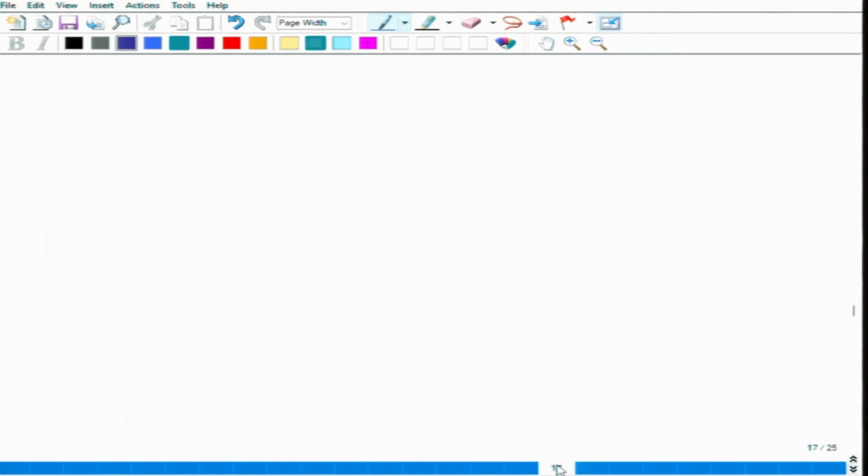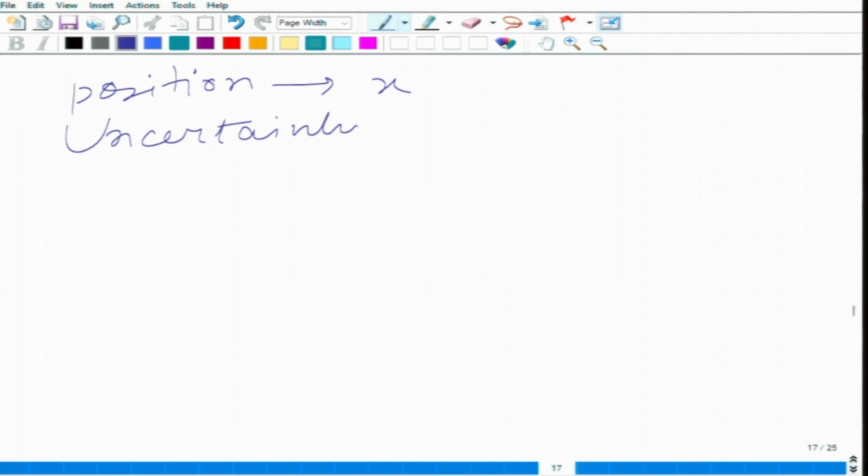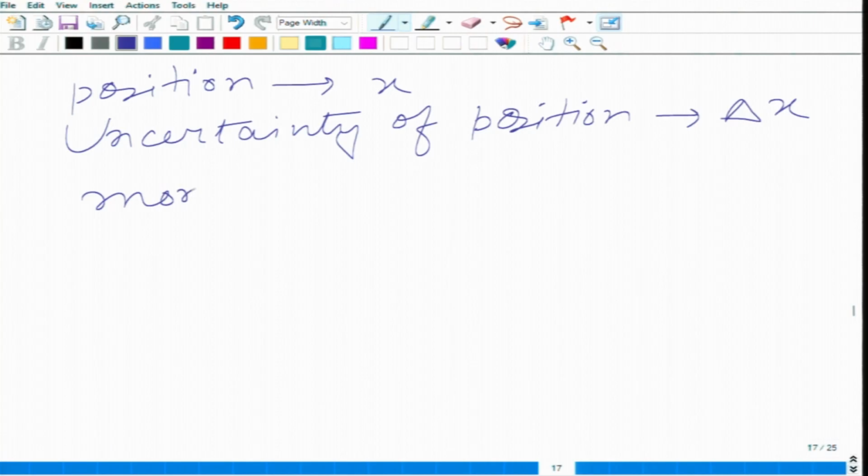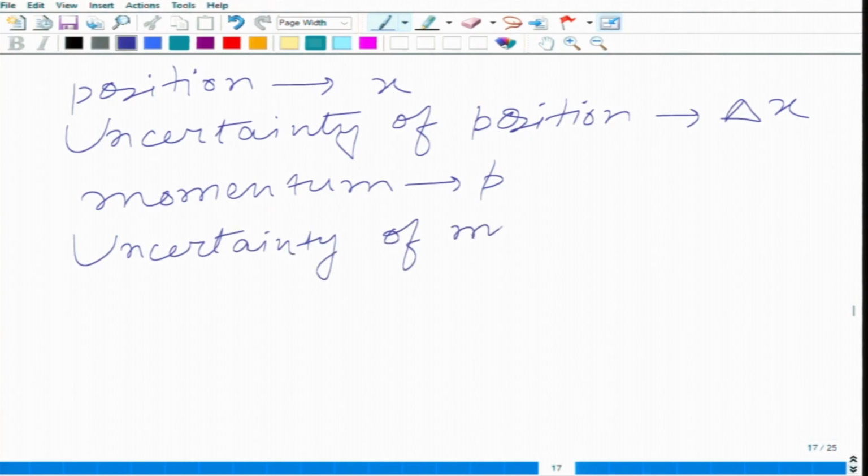So by this, if position of a particle is x, then uncertainty of position is considered to be delta x, and if momentum is p, then uncertainty of momentum is considered delta p.